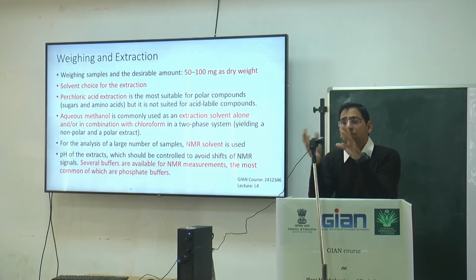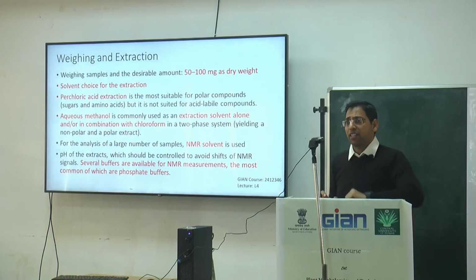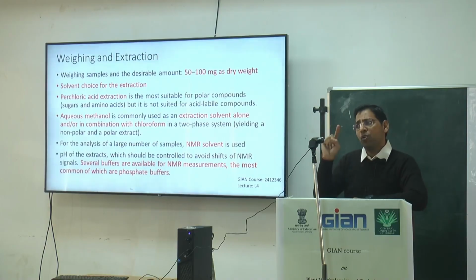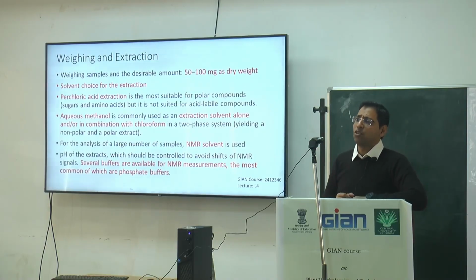Some are hydrophilic, some are hydrophobic, so some require organic solvents, some require normal solvents. So if you are looking at what type of metabolites you need to extract, for that you have to use only a specific type of solvent.